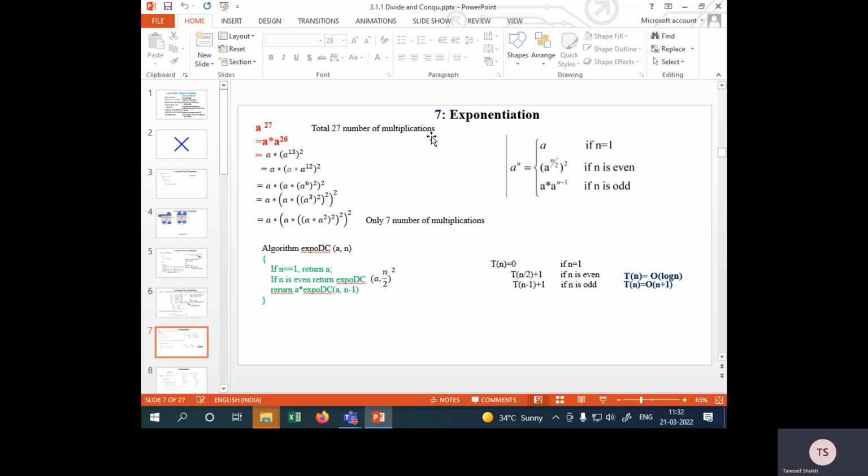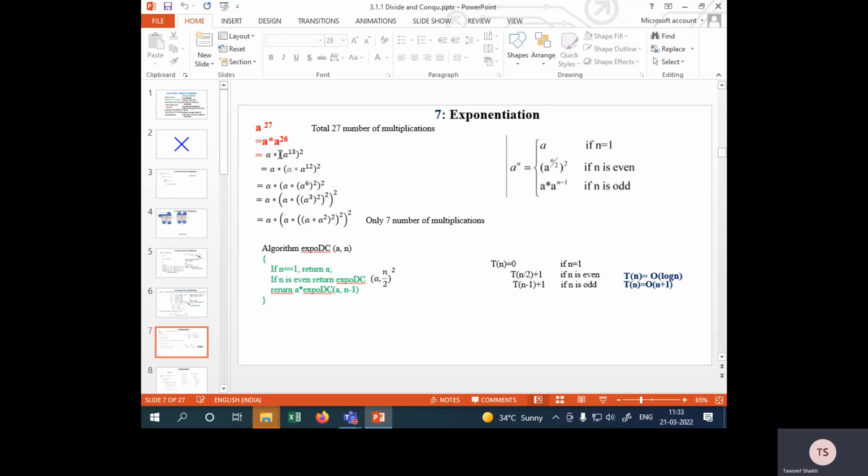Is there a way we can decrease the multiplications? Because as I said, multiplication is a very time consuming process. So is there a way? Let's find it. We can write this a to the power 27 as a into a to the power 26, because the bases are the same, the powers will add up and it will again be a to the power 27. And I can go to the next step. This a is a, no change.